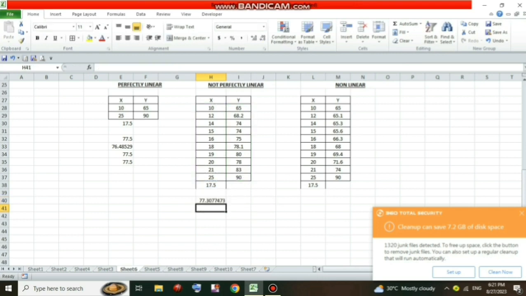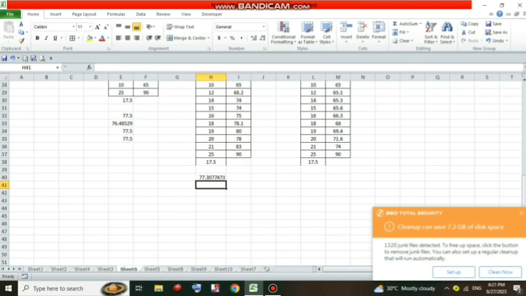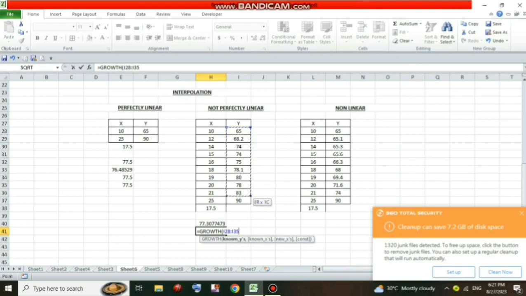Enter. So you have got 77.307. Now let me find it using growth. Known y's are this, known x values are this, and new x is this.